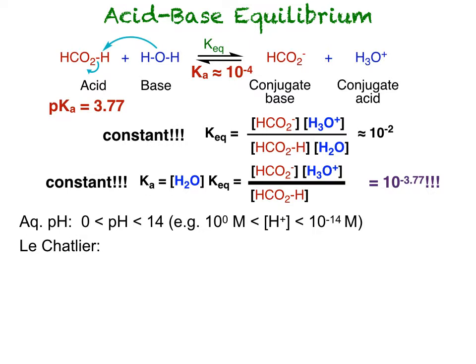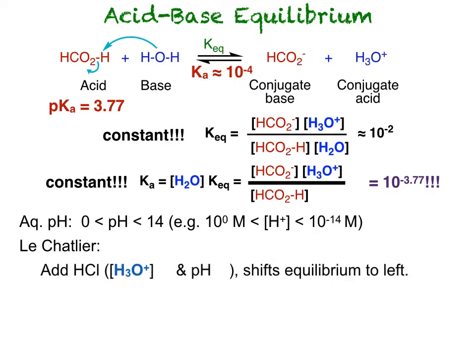You should also recall some ideas from Le Chatelier. If we added HCl to the above reaction, that's the same thing as adding H3O plus, and so the H3O plus concentration increases. And if the H3O plus concentration increases, the pH decreases. So pH is decreasing when the concentration of H is increasing, something you should have seen in Gen Chem as well.